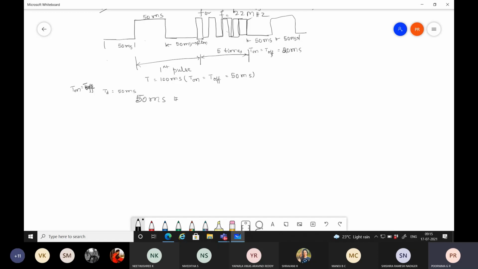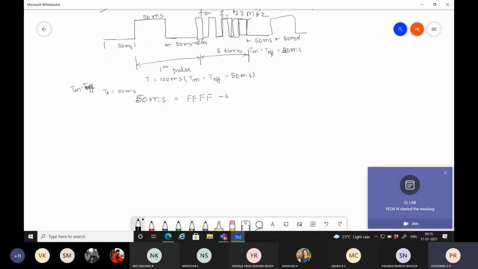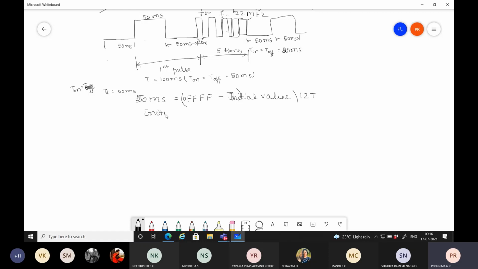That equals the final value, since it is timer 1 in mode 1, FFFFH minus the initial value, multiplied by 12t. Compute the initial value as you did in the previous class. The initial value is found to be B875H.